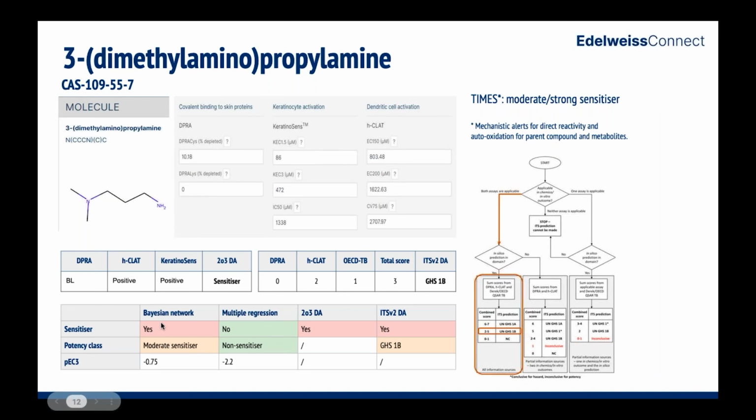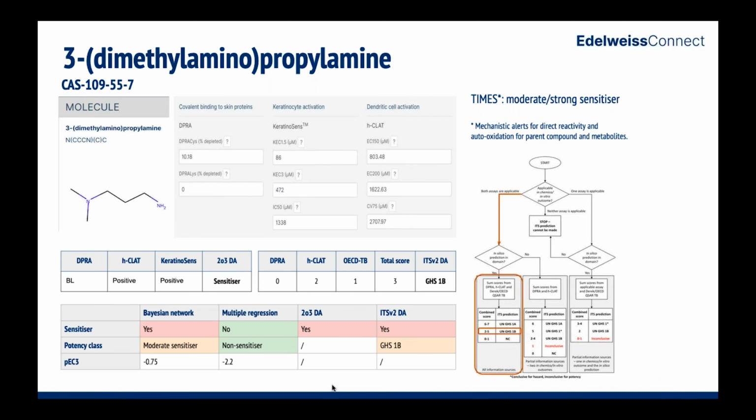It was similarly predicted as moderate sensitizer by Bayesian network with a PEC3 value of -0.75. Times also predicted 3-dimethylamino propylamine as moderate sensitizer.